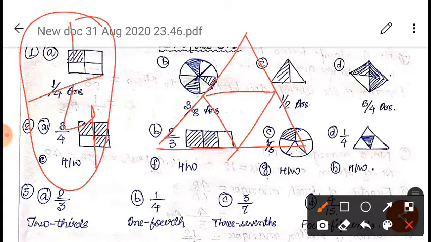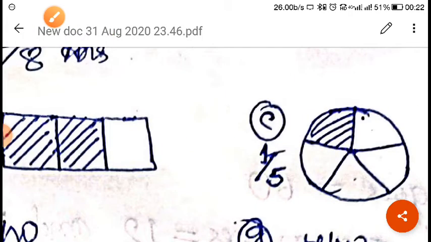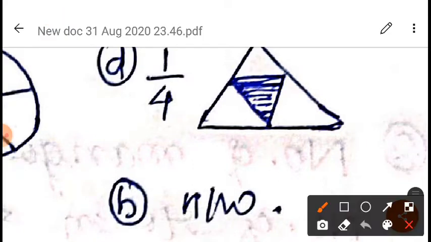So how many boxes are there? You see 1, 2, 3, 4. 4 boxes are there. And how many boxes do you have to set? Only one. You can set any one, either this, this, this or this, but only one. Only one box you have to set like this. It is given here, you see. I hope you have got this.